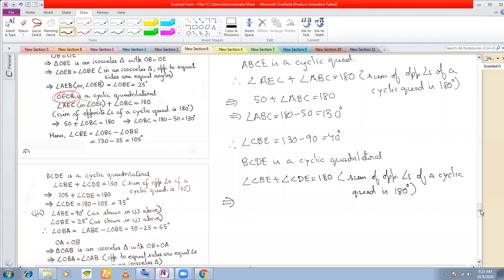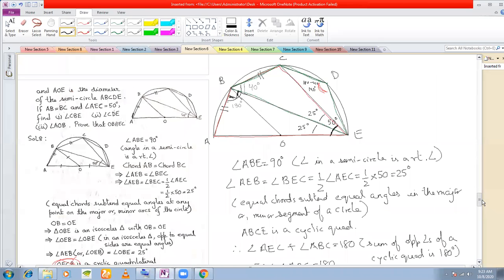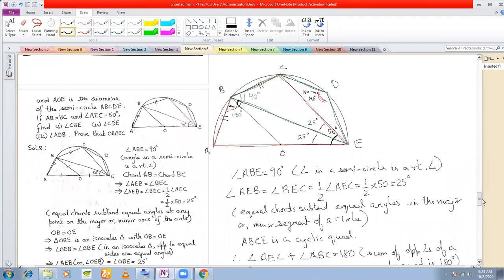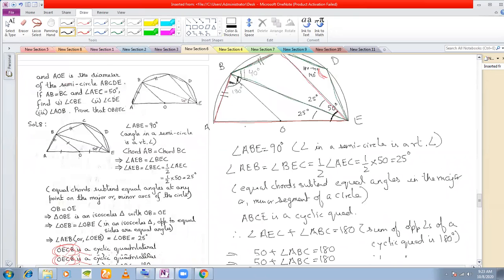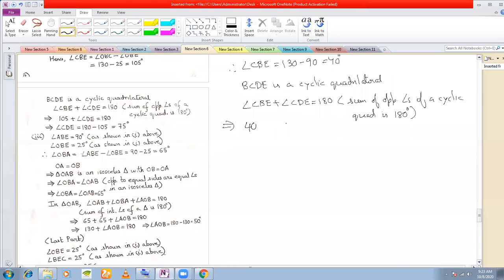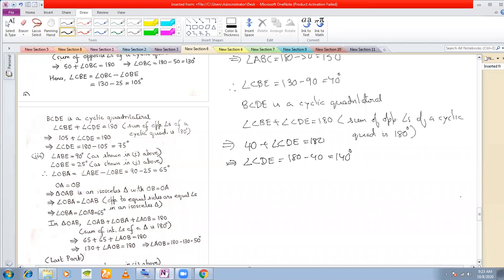So that means CBE we have found out to be 40 degrees. That means angle CDE is 180 minus 40, which is 140 degrees. Fine. So the second question is done.